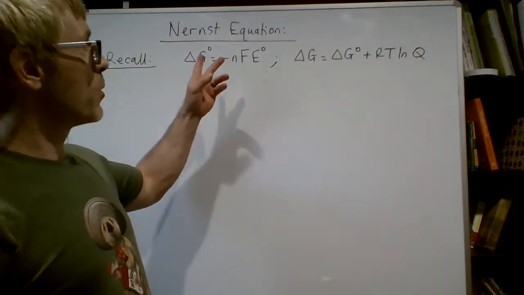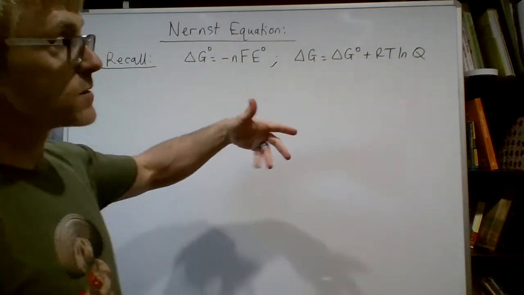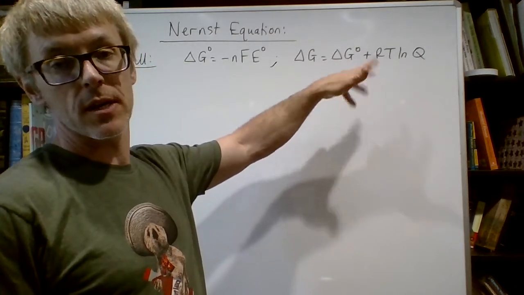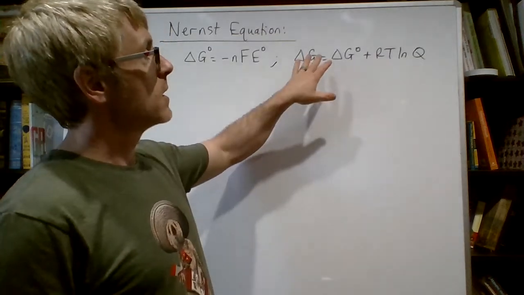Okay, in the previous board we saw an origin of this equation. In a previous video we've seen an origin of this equation in a thermodynamics video in this sequence.